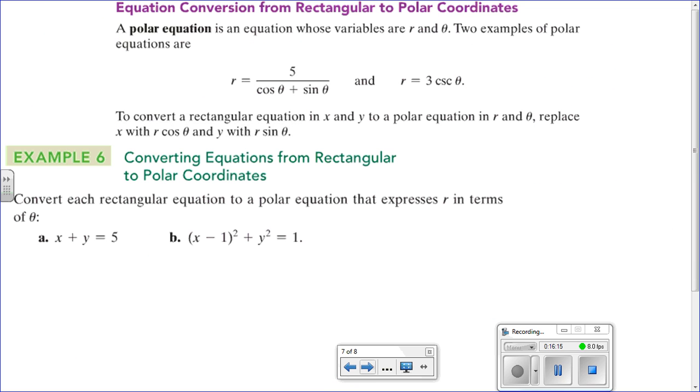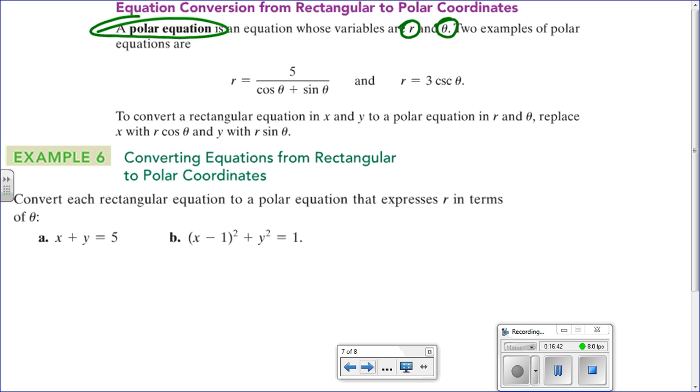Okay. Are we clear how we're going to change points? Yes. Formula. Now let's see how we're going to change equations in rectangular to polar equations. A polar equation is an equation whose variables are r and theta instead of x and y.